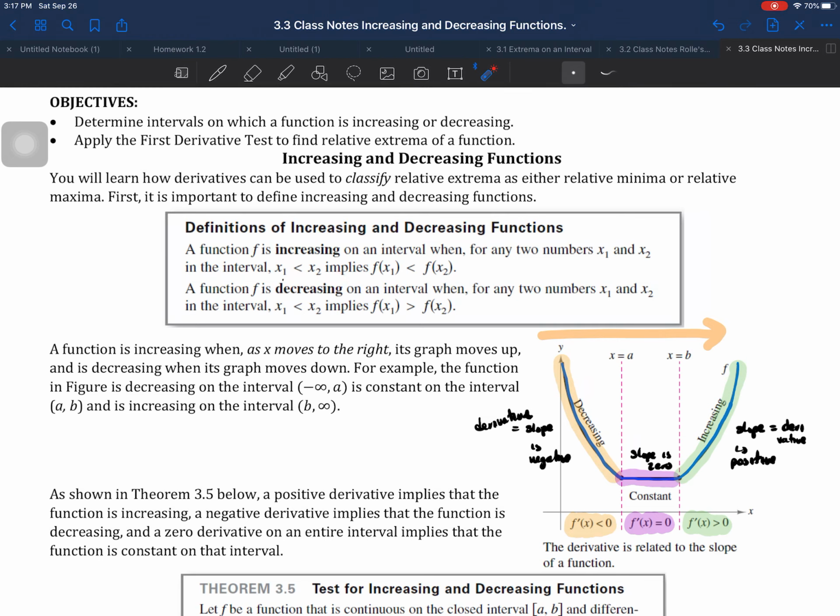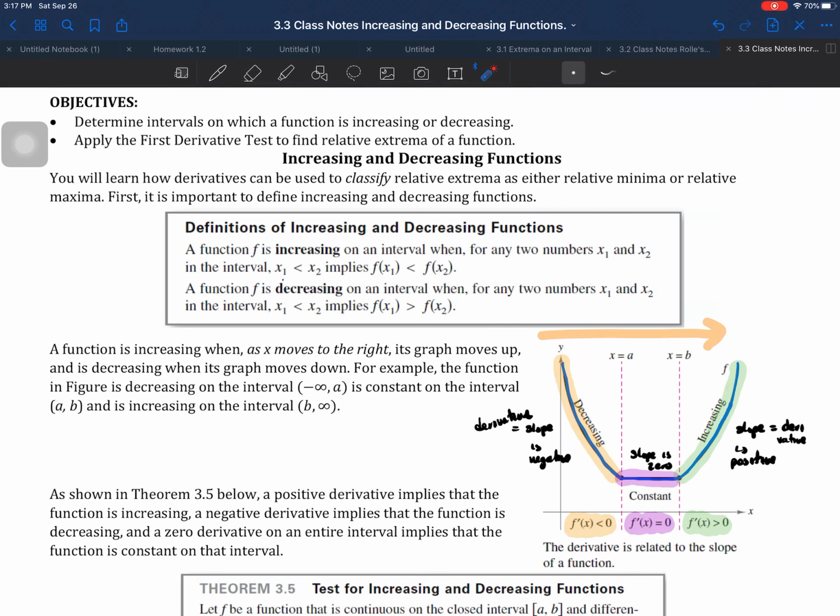The function is going to be decreasing if as x is getting bigger, the value of the function is getting smaller. So the function is decreasing. And if we jump on this side, x is getting bigger, and now the function is getting bigger as well.